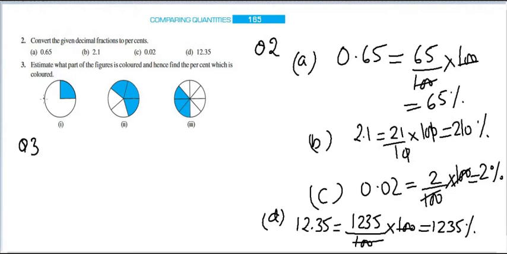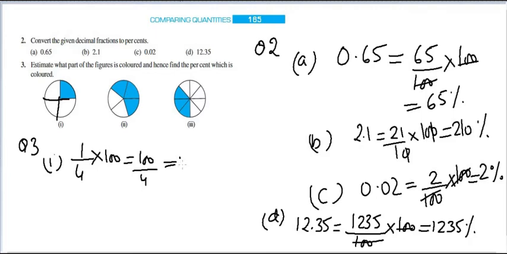Here you can see, if we make a proper line, this is 4 parts and the shaded part is 1 out of 4. So in question number 3, first part is 1 out of 4. We want to convert into percentage, again multiplying by 100, or 100 divided by 4.